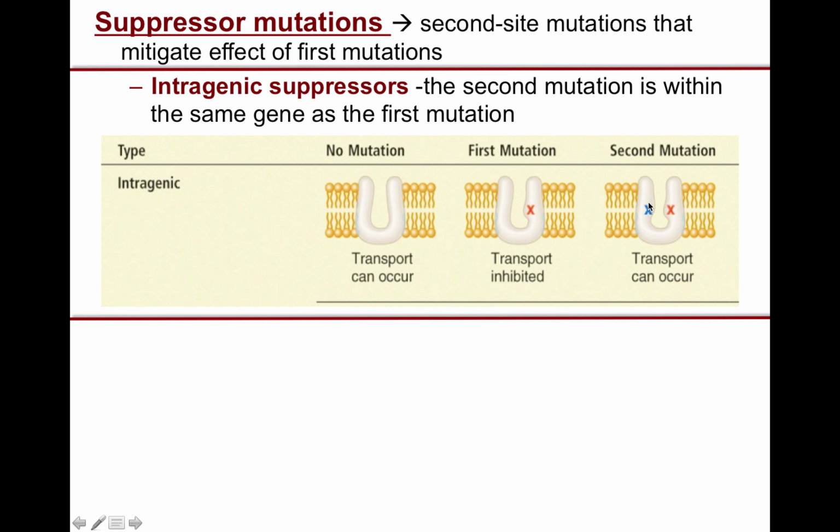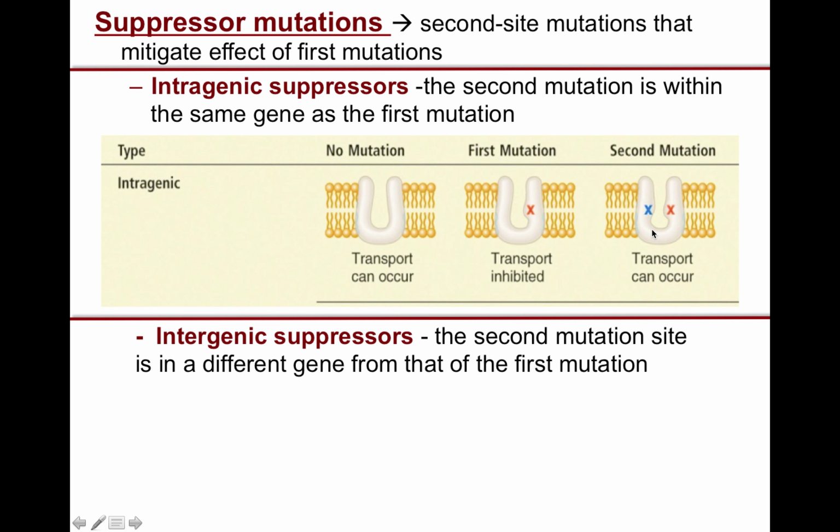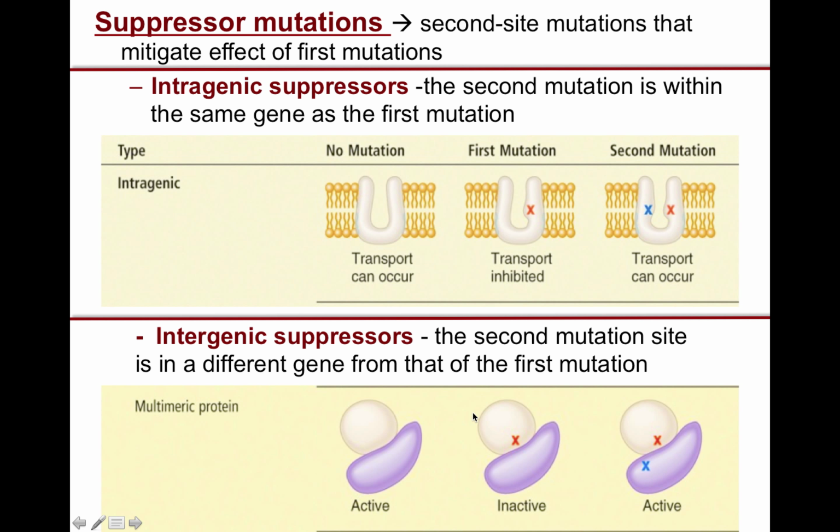You could acquire a secondary mutation that mitigates the first mutation, and now this channel could be functional again. Intergenic suppressors occur when two proteins cooperate within the cytoplasm to perform a function together. So you can have a mutation in one protein component and have an inactive complex, but then you could have a compensatory mutation in a second protein that now makes this entire complex active again.